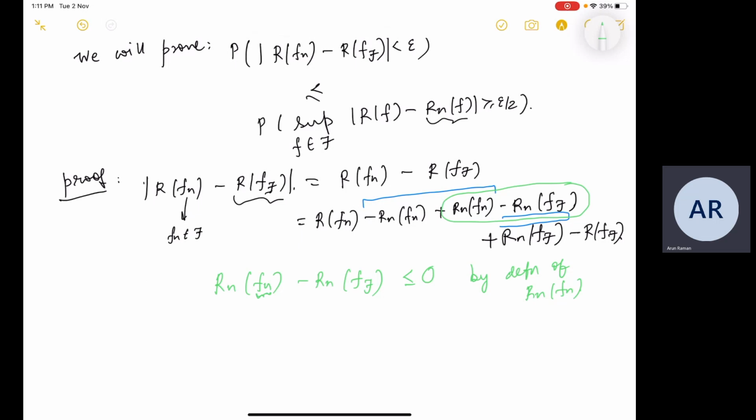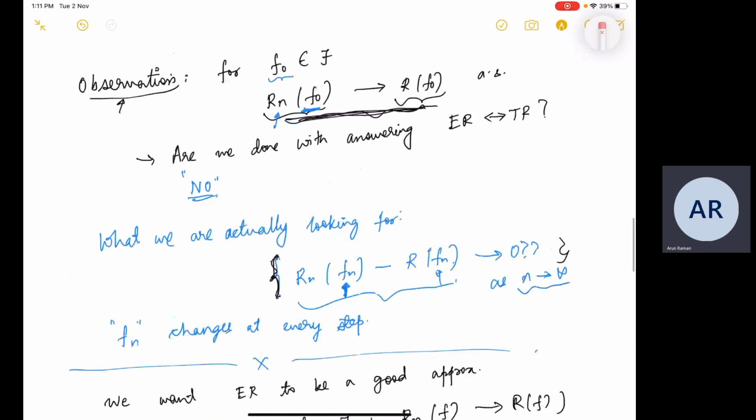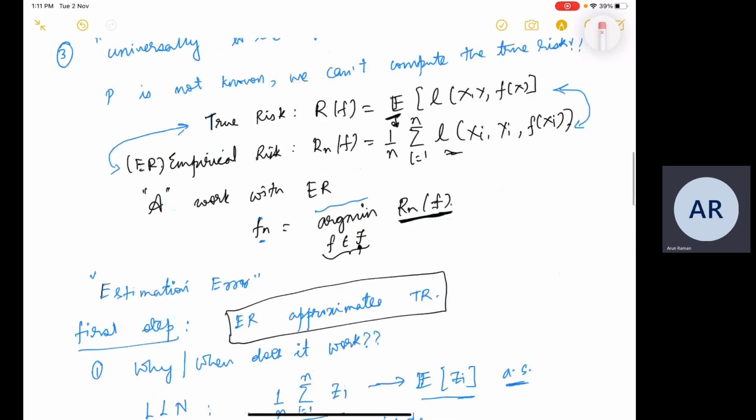It might happen that if we receive more samples, then fn plus 1 is different from fn, but for these n samples, fn is the best approximation, and this comes through by the definition which we have here, that fn is the best function with respect to empirical error.